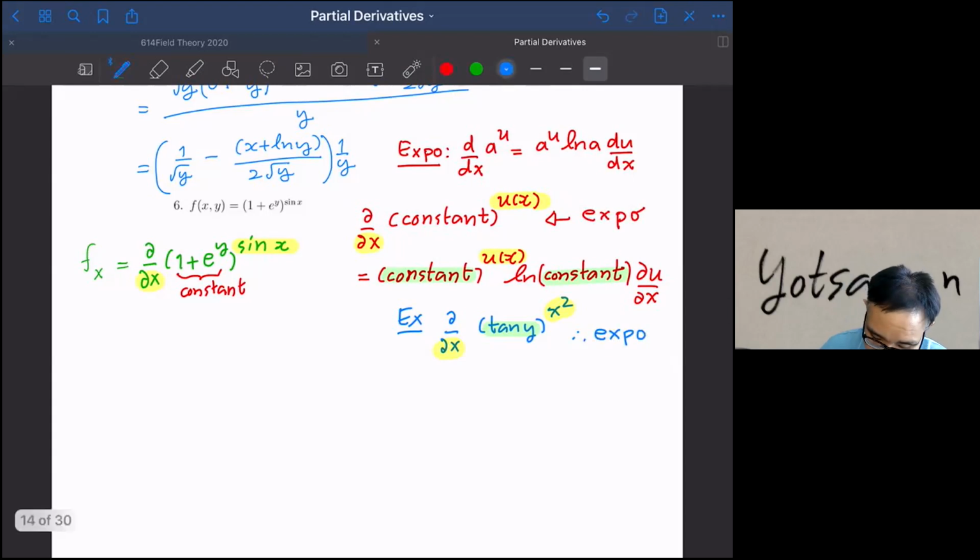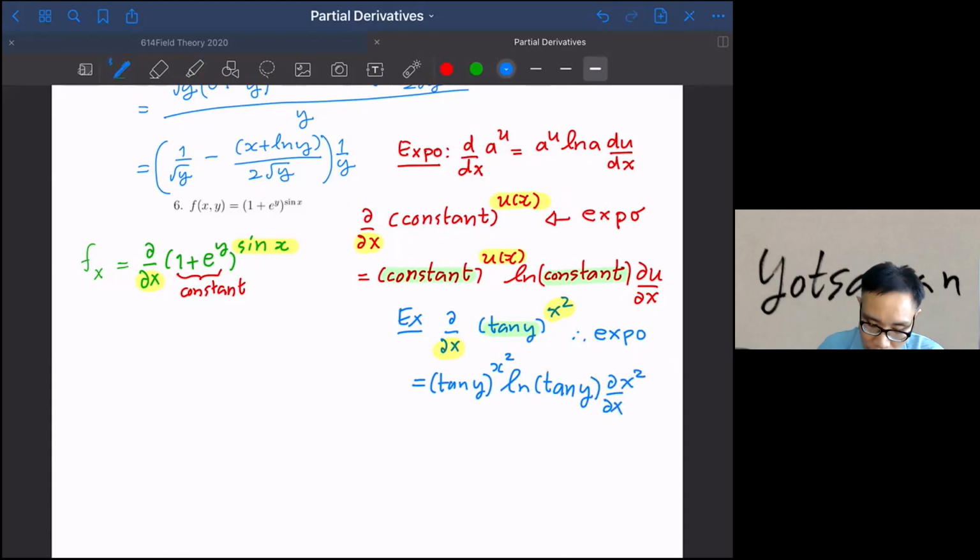When you want to find the derivative, it's the whole thing, (10y) to the x squared, copied, times log of 10y, times the derivative of x squared, which gives you 2x. So this will be your derivative.